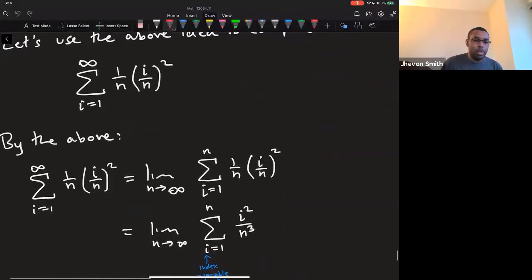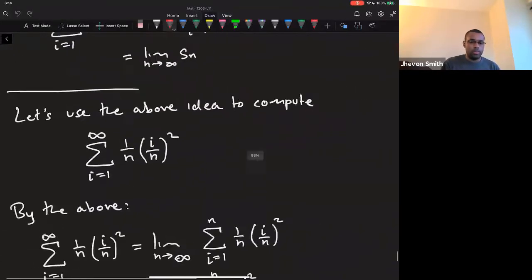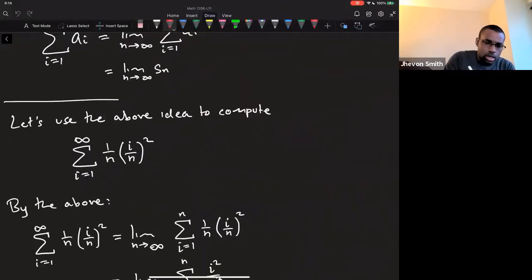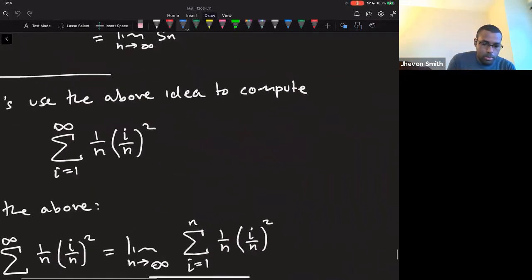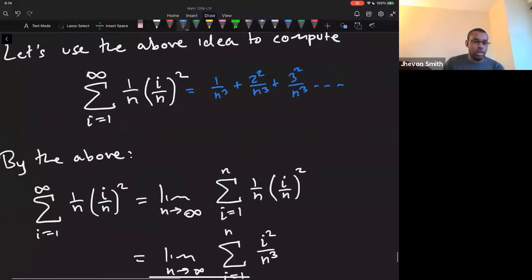I also did an example of doing that, where we had to find a sum where we're adding up an infinite number of terms that looks like this: 1 over n cubed plus 2 squared over n cubed plus 3 squared over n cubed, etc. And it just kept going on forever, as your n approaches infinity.